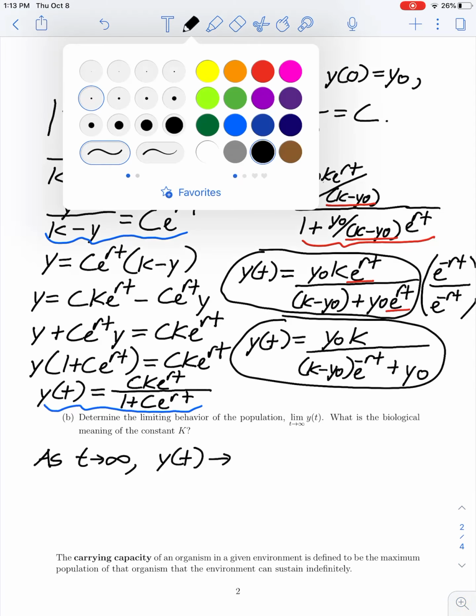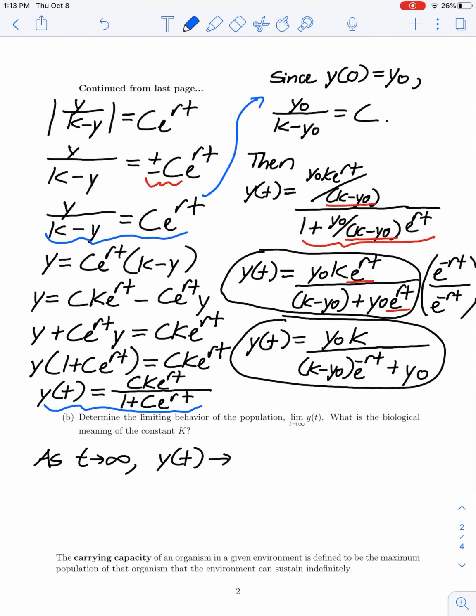Now, the only term involving t in our solution was this exponential, e to the negative rt in the denominator. Now, since we have e raised to a negative constant multiple of t, as t increases, we have exponential decay, and this term will decay to 0.